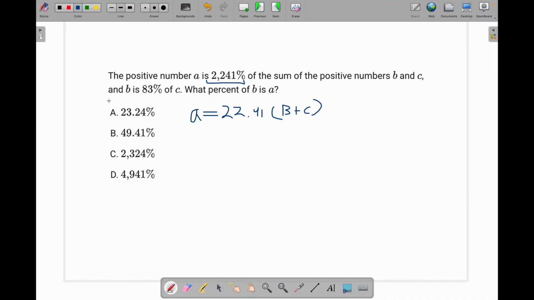Now, we also have this other bit of information where B is 83% of C, meaning we're just going to say B equals 0.83 of C. And we just converted that 83% into a normal number.